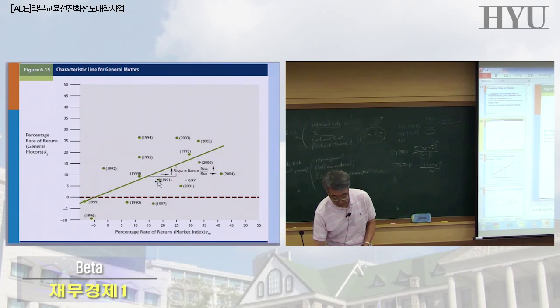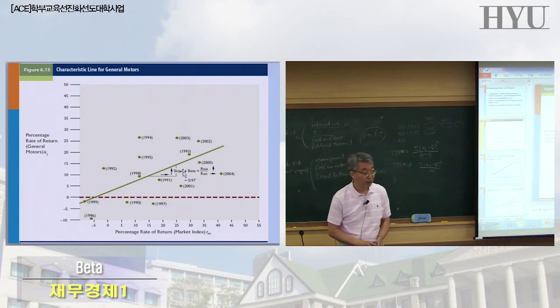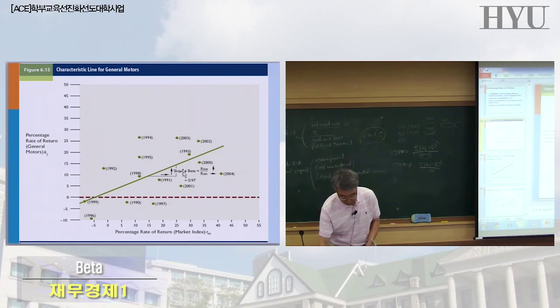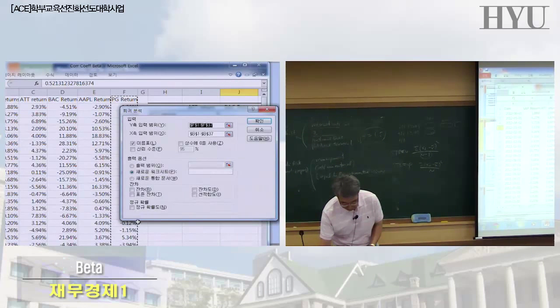What that means is that if the S&P 500 index increases by 1%, then the return on this particular stock increases by 1.5, right? Okay? So that makes sense, right? It can be a little bit confusing, but make sure you understand that.